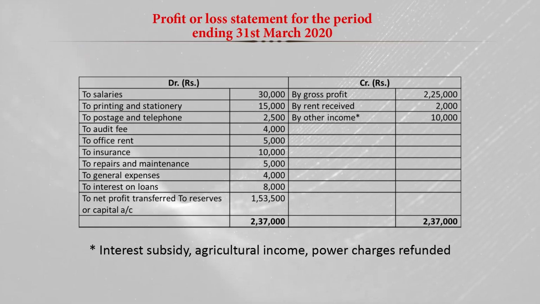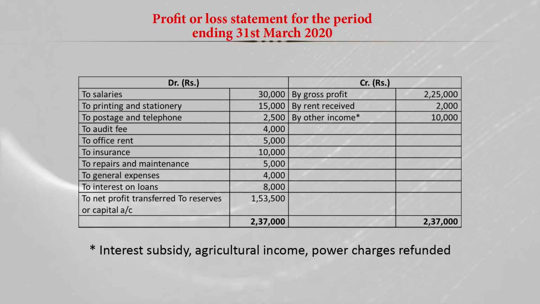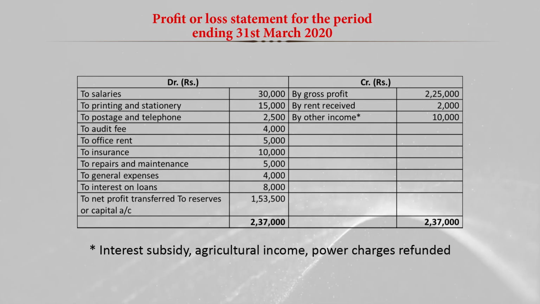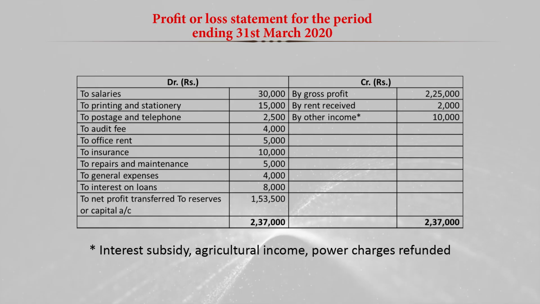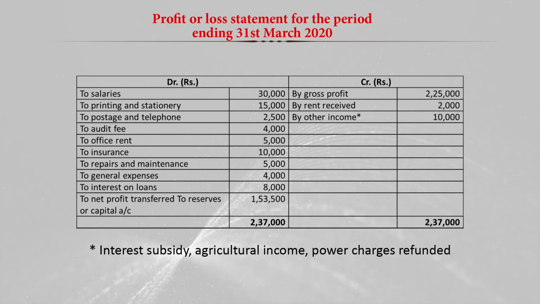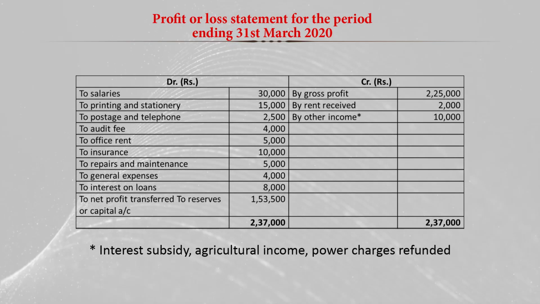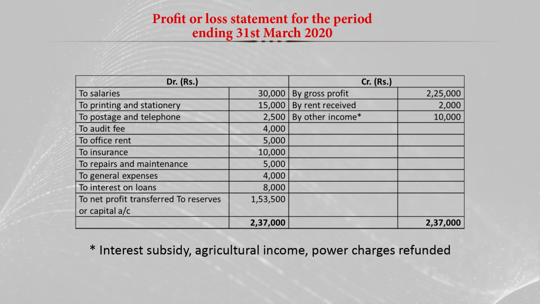Expenses in terms of salary, that is 30,000, printing and stationery cost 15,000, postage and telephone cost 2,500, the audit fees 4,000, the office rent 5,000, insurance 10,000. Repair and maintenance cost is 5,000, general expenses 4,000, and interest on loan is 8,000.